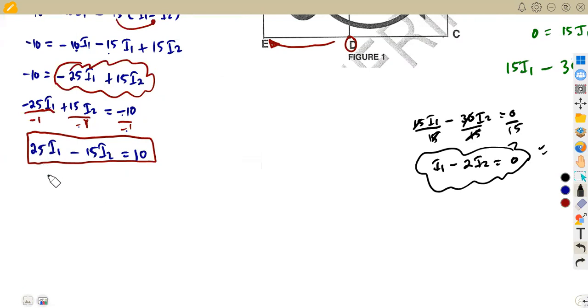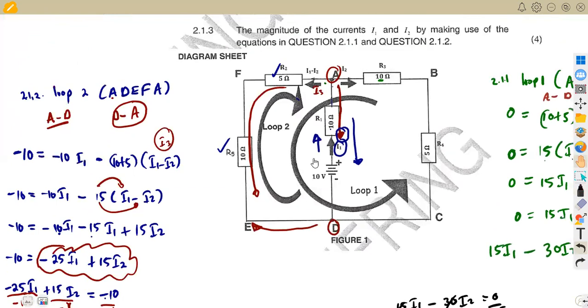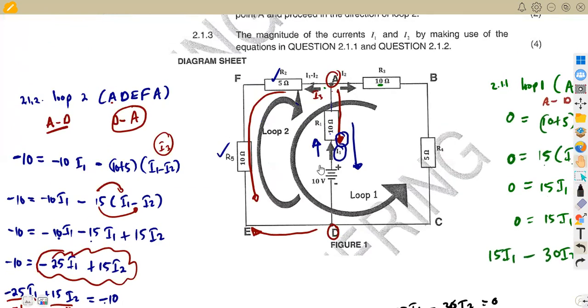You can divide by 5 here, which is going to be 5 I1 minus 3 I2 is equal to, if we divide by 5 here, this will be 2. So we have reduced our equation into simpler terms. So that is what we have in this case. All right, so guys, this one was a very, very nice question. It tells us a lot about the voltage.